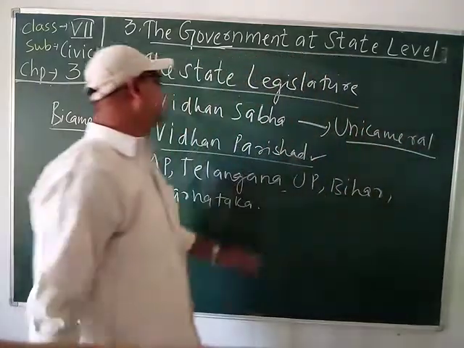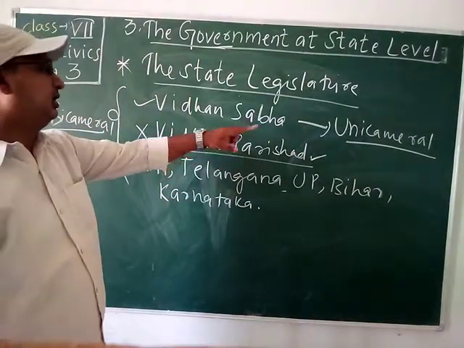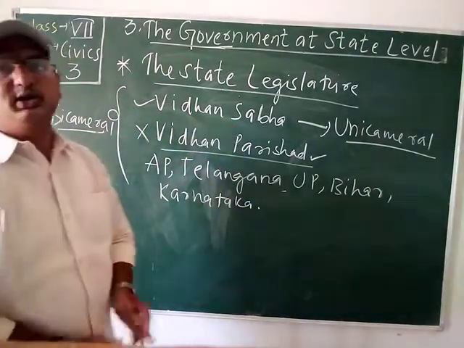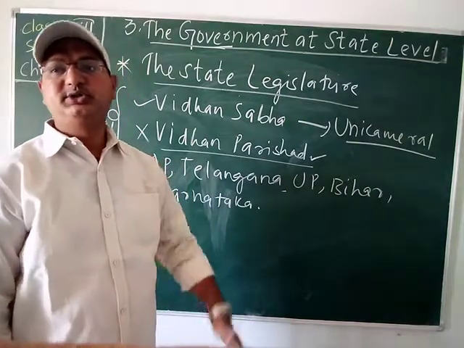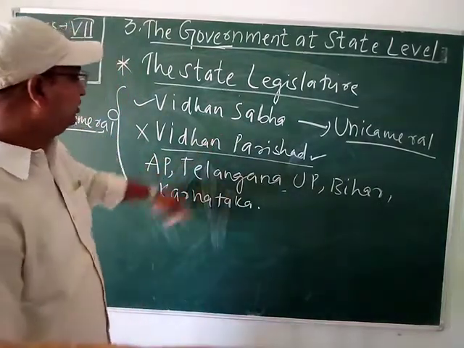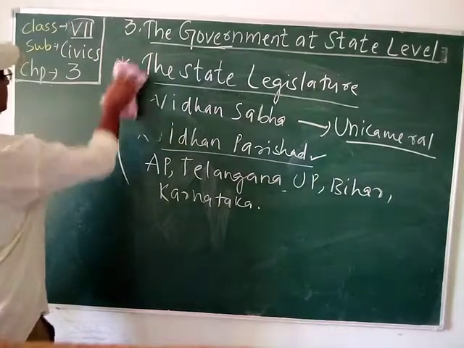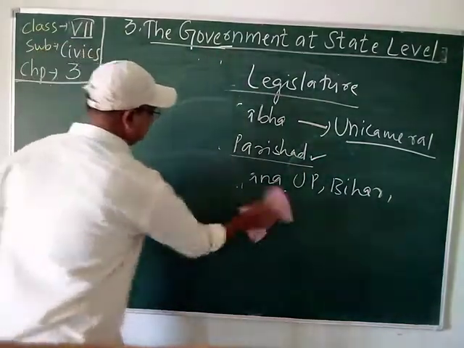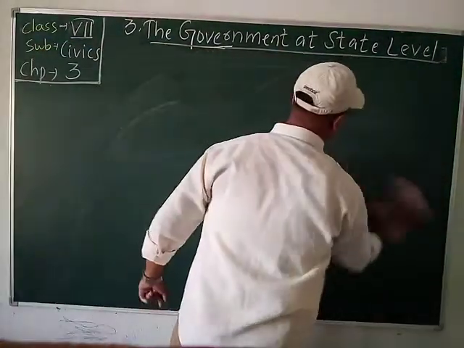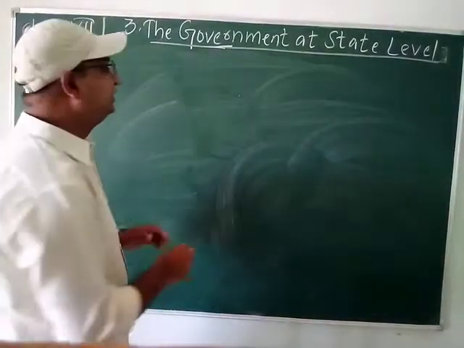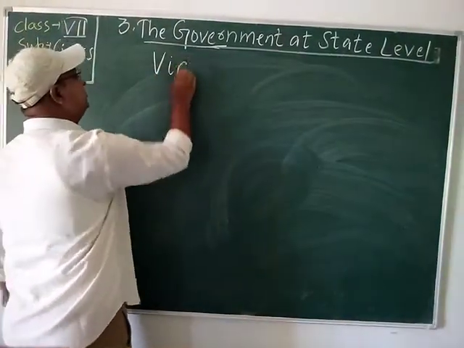Uni means single, students. If a single house is there, it is Vidhan Sabha, or unicameral. If a double house is there, that is called bicameral. Students, then we will study both the houses in detail. The first one is the Vidhan Sabha.